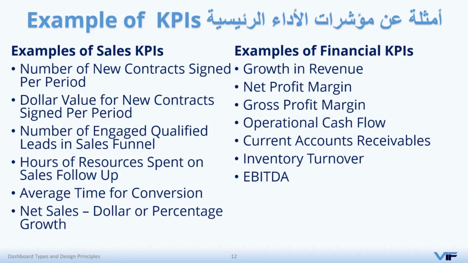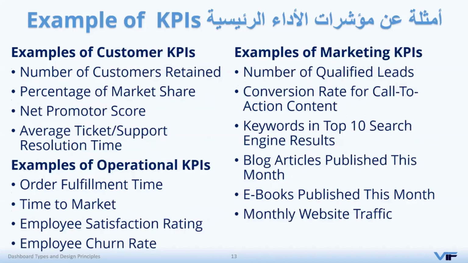Another example for customer service is number of customers returned, percentage of market share, and net promoter score. For operational KPIs, there is the number of orders fulfilled by time, time to market, and employee satisfaction rating. And for marketing, you can see number of qualified leads, monthly website visitors, traffic, and so on.